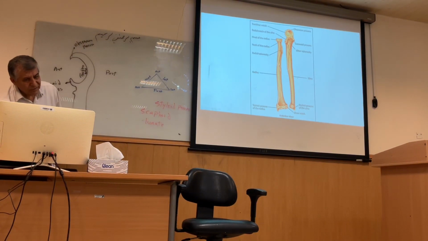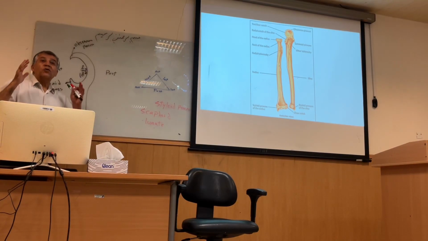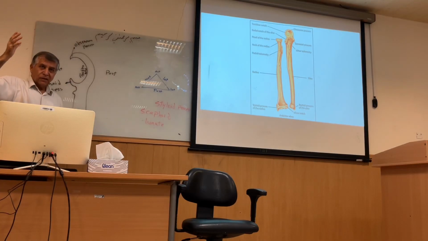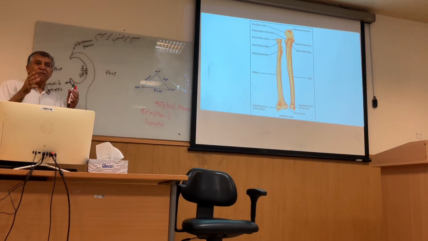I ask you, what is this? Your course is experimental. Your course is not a geography course, history course, or math course. All of them are theory. Medical course is experimental.